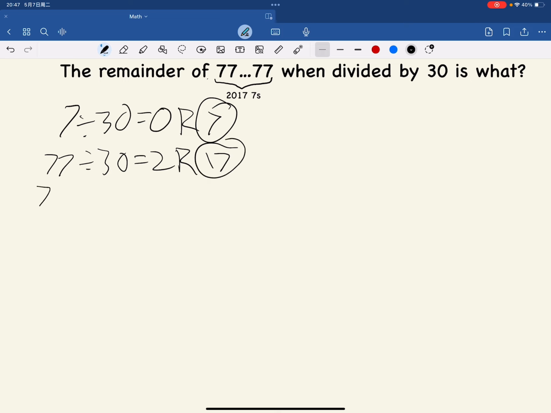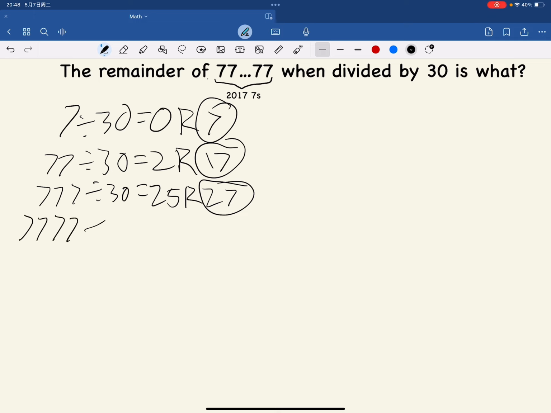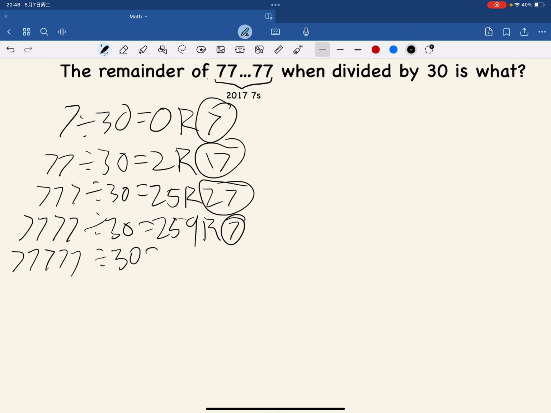And then 777 divided by 30 equals 25, remainder 27. 7,777 divided by 30 equals 259, remainder 7. 77,777 divided by 30 equals 259 and another 2, remainder 17.